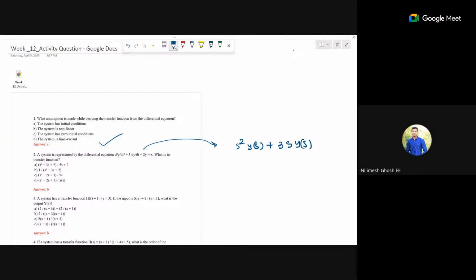If the derivative property comes up in upcoming questions, I will explain. So this will be plus 2Y of s equal to X of s. So Y of s by X of s will be my transfer function, 1 by s square plus 3s plus 2. So this one will be the right answer.